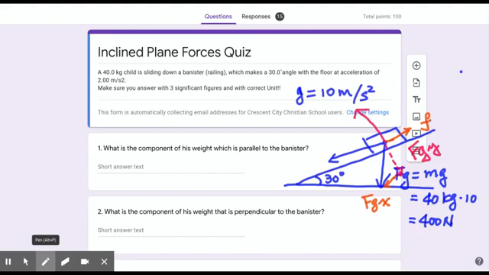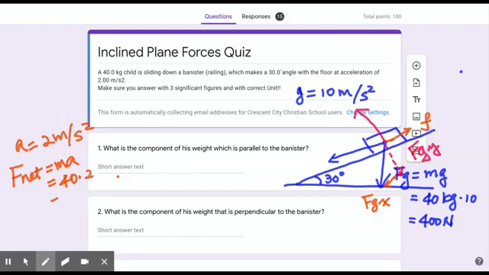And then our net force, since we have acceleration, which is 2 meters per second squared. So net force equals m times a, which is 40 times 2, and 80 Newton.